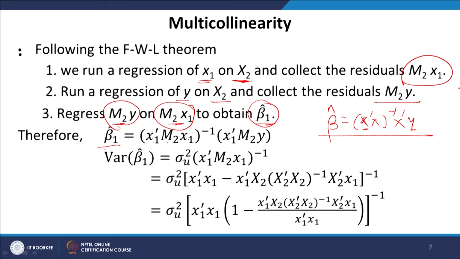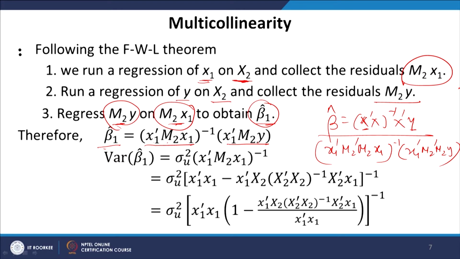So, this is actually x1 prime M2 prime M2 x1 inverse x1 prime M2 prime M2 y. If you remember, M2 is a symmetric matrix, so M2 prime M2 is actually M2 M2, and they are also idempotent matrices. So, M2 M2 is equal to M2, and that is why we have this expression.